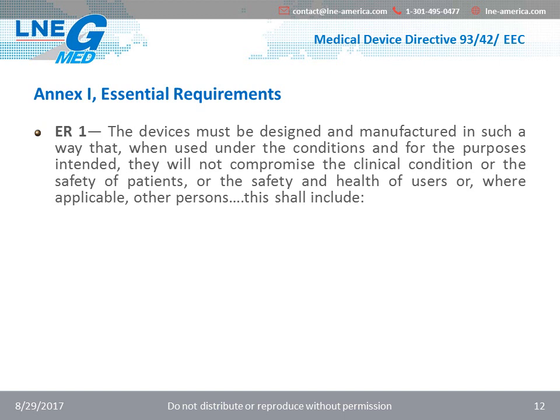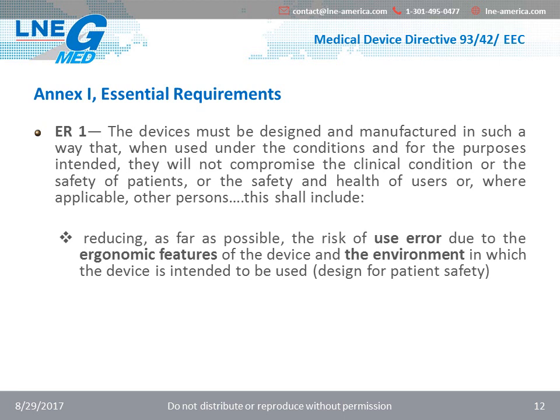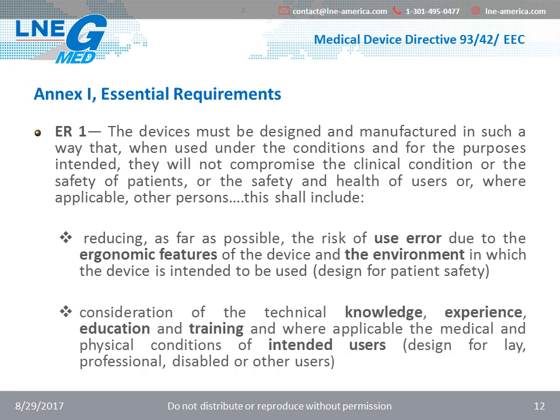This shall include reducing, as far as possible, the risk of use error due to the ergonomic features of the device and the environment in which the device is intended to be used. Also, it should consider technical knowledge, experience, education, and training, and where applicable, the medical and physical conditions of intended users.